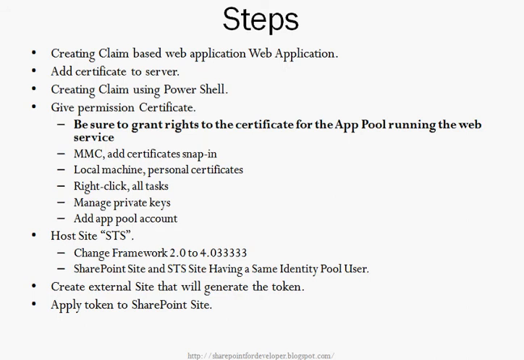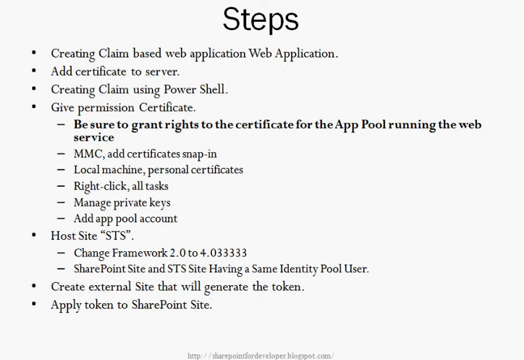Be sure to grant rights to the certificate for the application pool running the same service. I will show you how we can do this. We just use the Microsoft Management Console, add the certificates in the local machine personal certificates, right-click, All Tasks, Manage Private Keys, and specify your application pool.